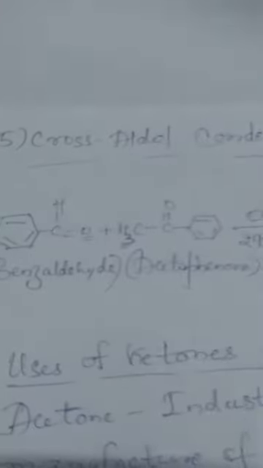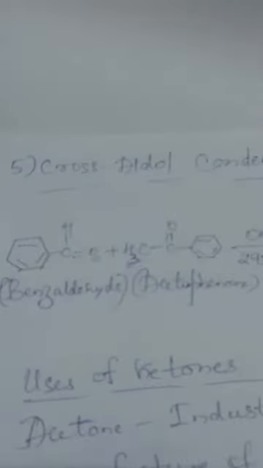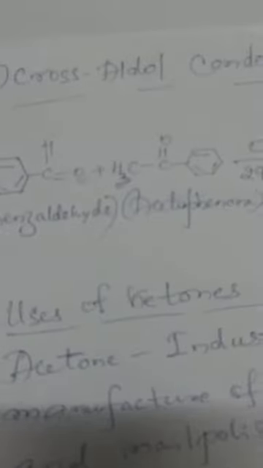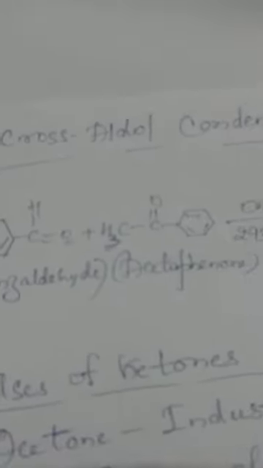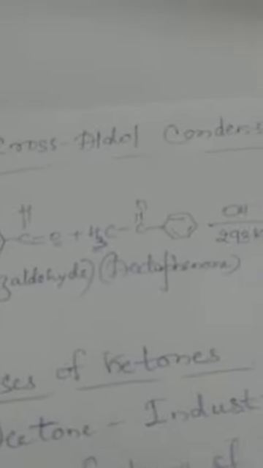Now coming to the last reaction, that is called the cross-aldol condensation reaction. This is also an interesting and important reaction, wherein an aromatic ketone reacts with an aromatic aldehyde.